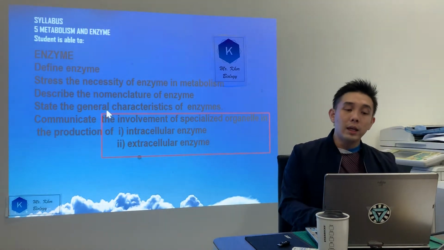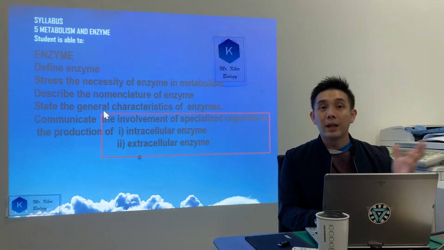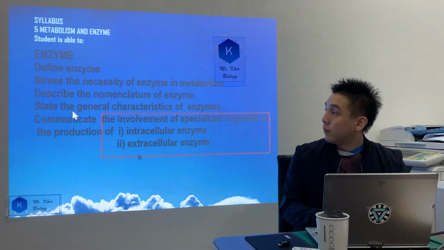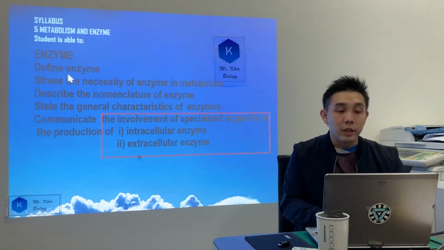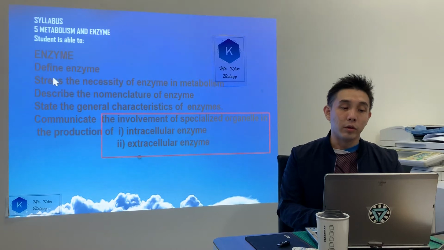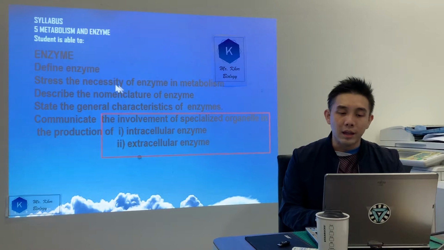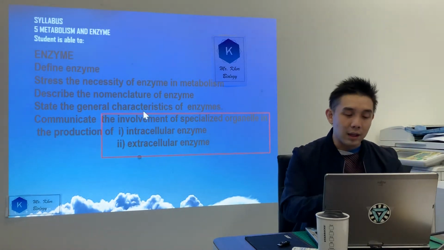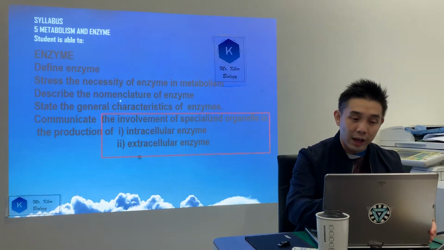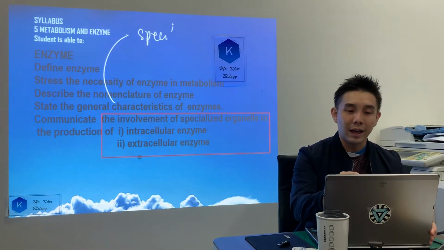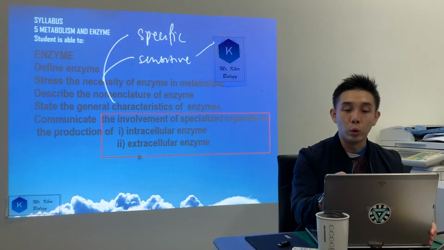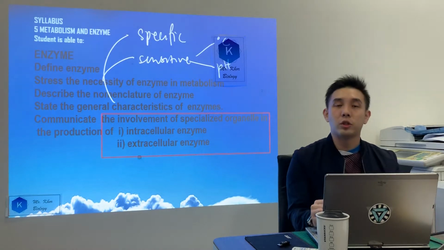Now, in the earlier online video, we discussed the definition of enzymes, why we need them, and the naming, remember the two types, one with ASE, one without. Characteristics such as being specific in action, and sensitive to temperature as well as pH.